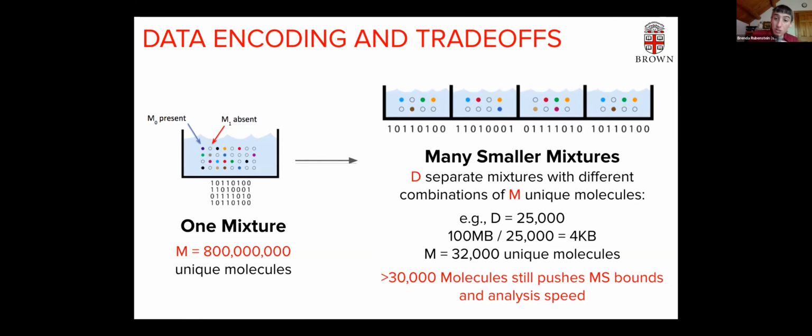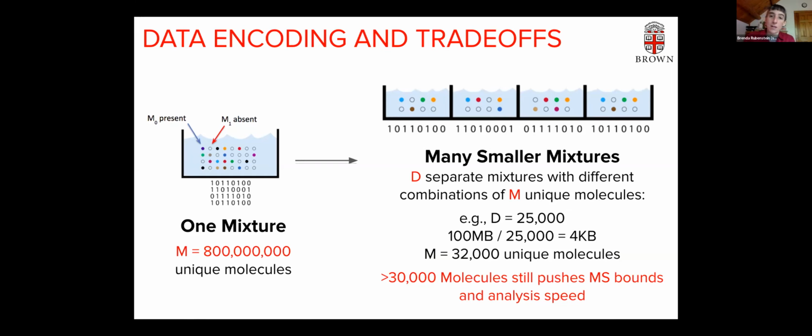So the best thing to do is to make mixtures that have a certain depth, maybe 100, 1,000 different kinds of molecules, and then put them in different positions, typically on a well plate, so that you can read them. The reason we want to do that is we want to decongest our spectra.